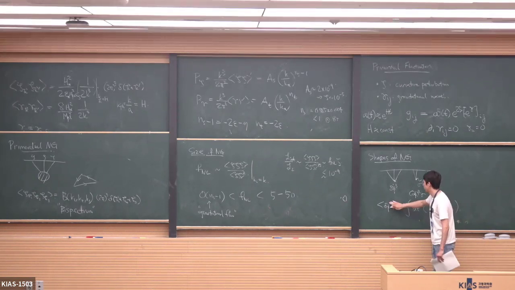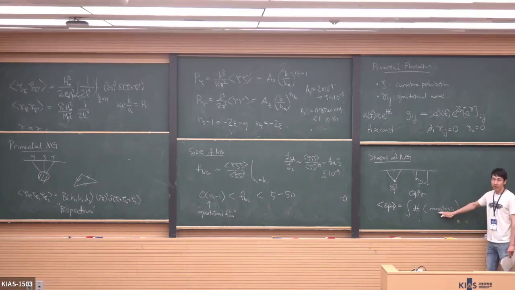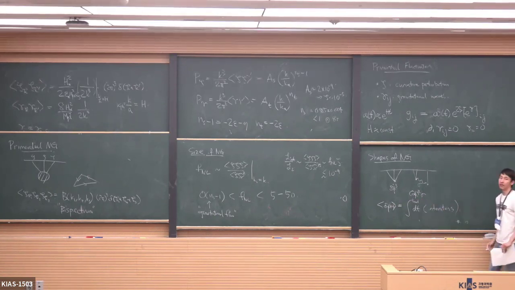So this will be delta phi, delta phi, delta phi. And we are integrating over some time-dependent interactions in this time-dependent background until the end of inflation.